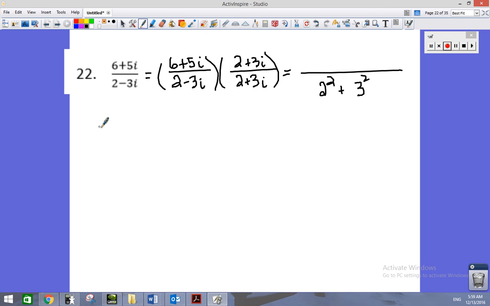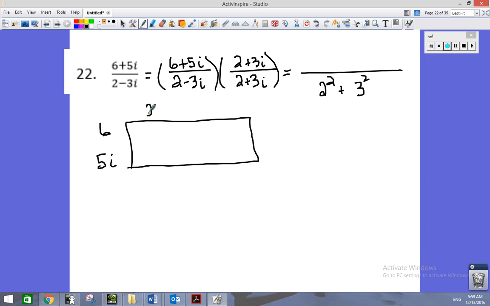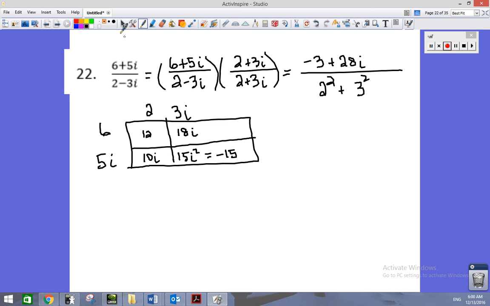And in the numerator, what will we have? So we'll have negative 3 plus 28i.